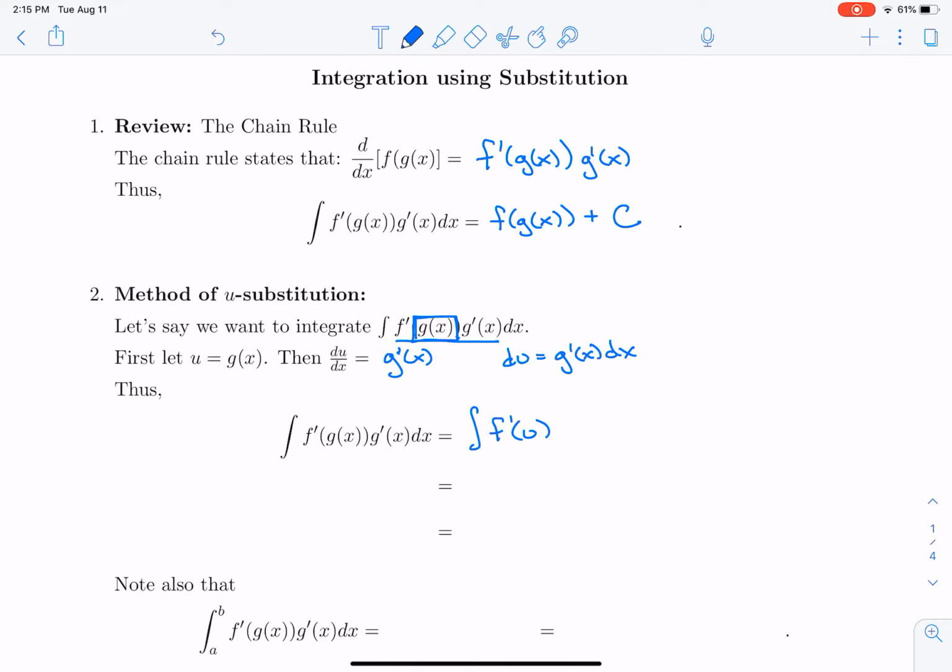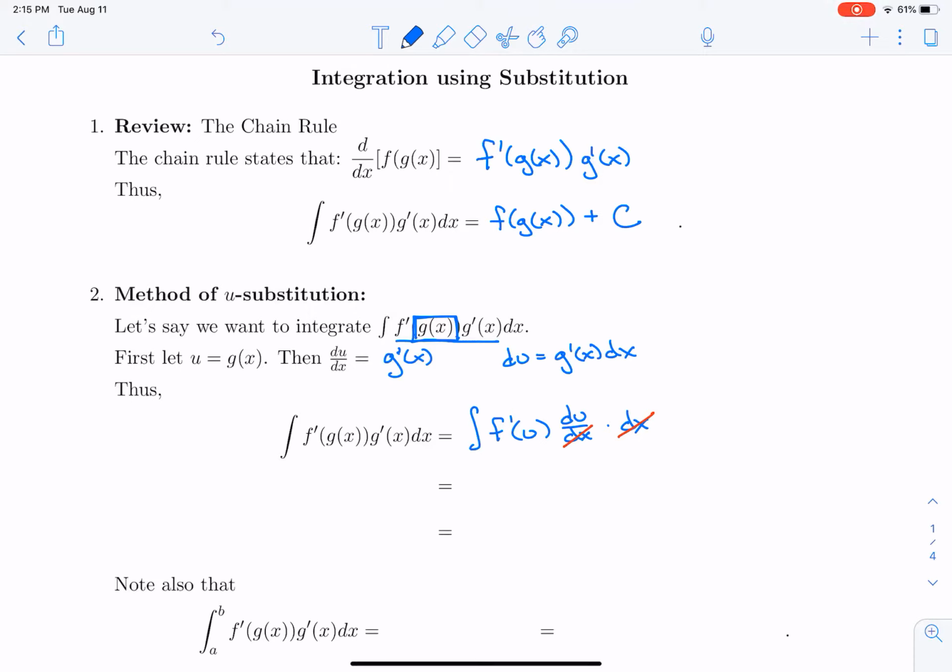And then g prime of x, we write as du/dx. And so what we're really integrating is f prime of u du/dx dx. And so although this isn't quite legal, the shorthand that often gets used for this is to cross out the dx's. And so what we now have is the integral of f prime of u du.